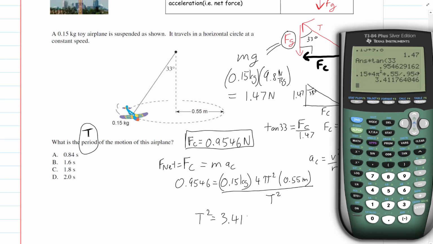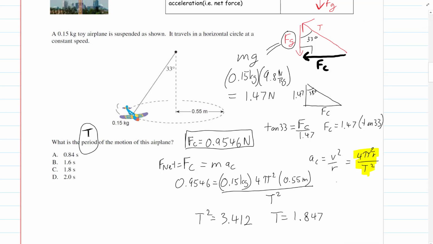That's 3.412, and now I have to square root it. I will get the period is equal to 1.847, and the units for that will be seconds. Multiple choice, C.